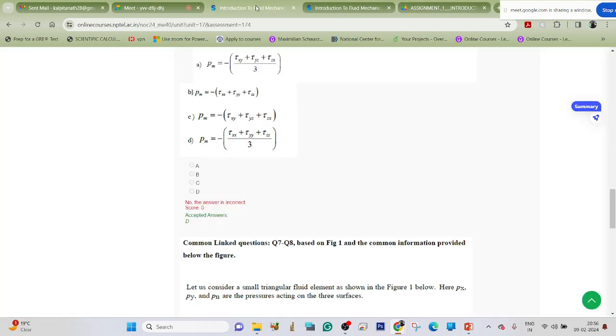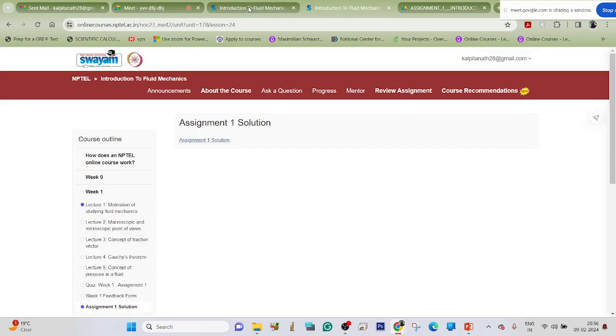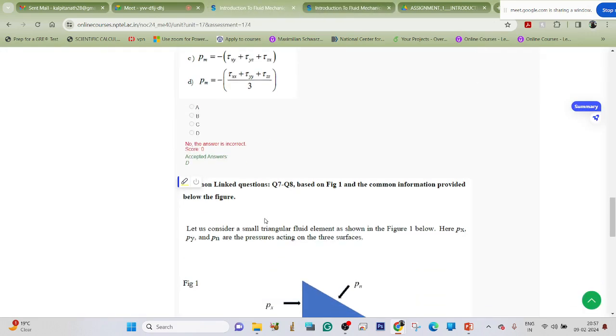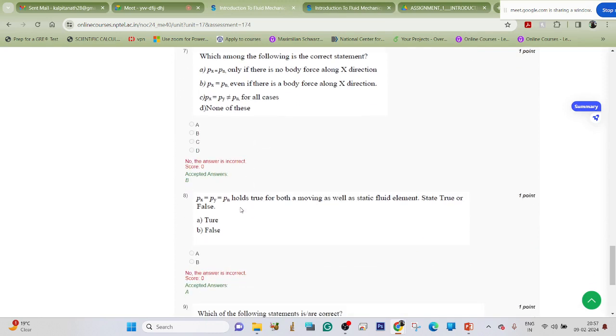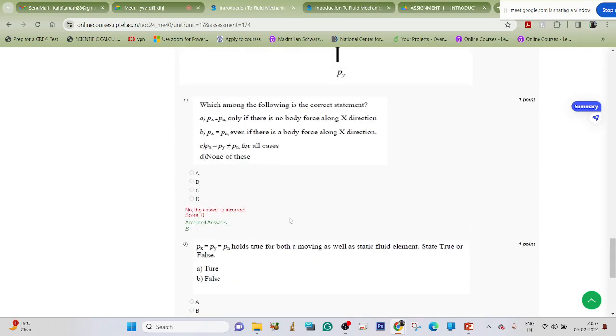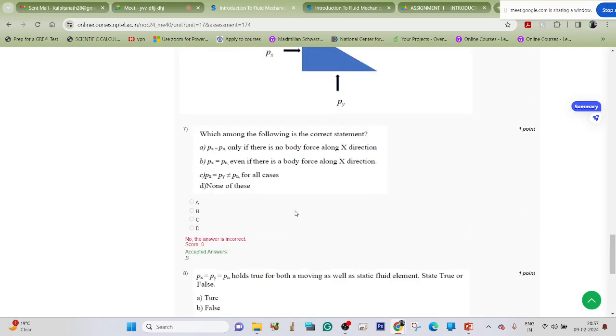So, okay, got it. Which among the following is correct statement?